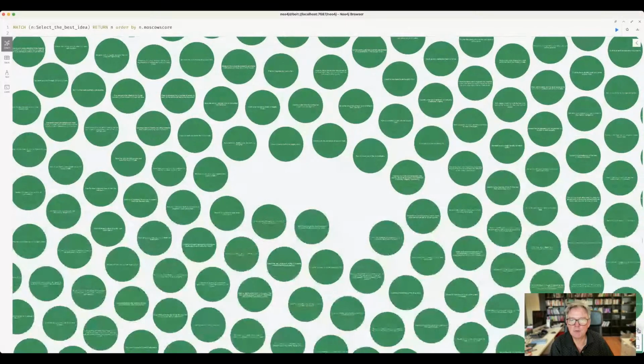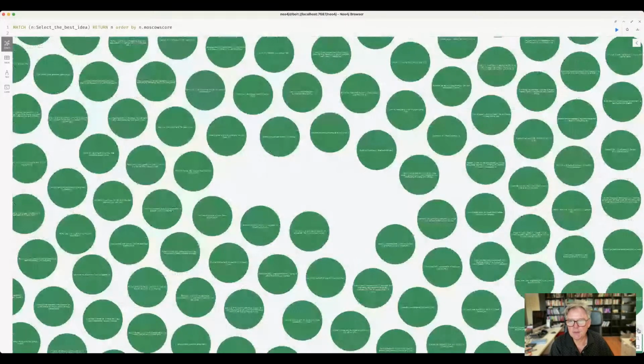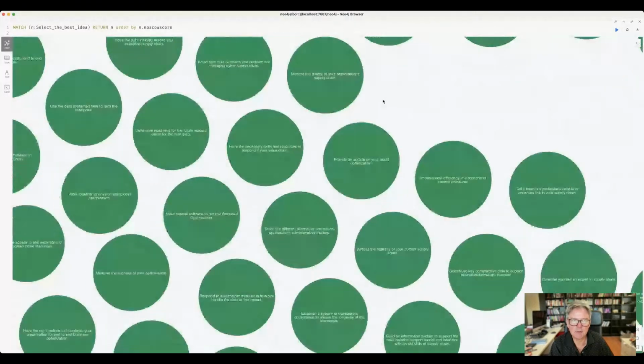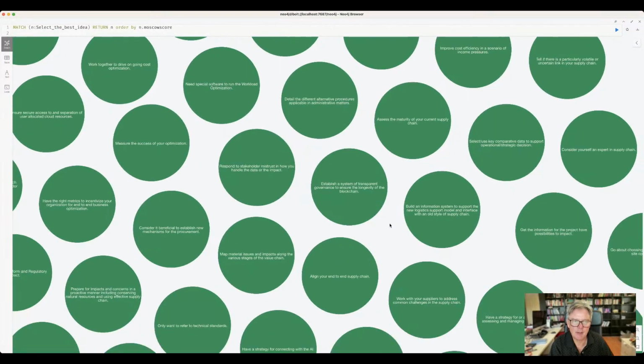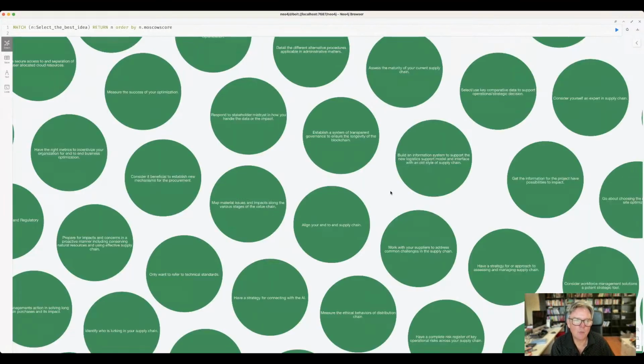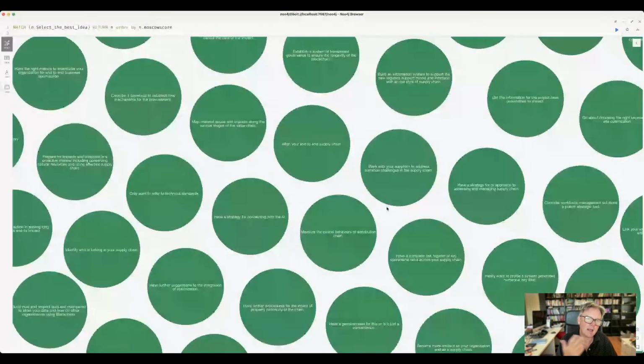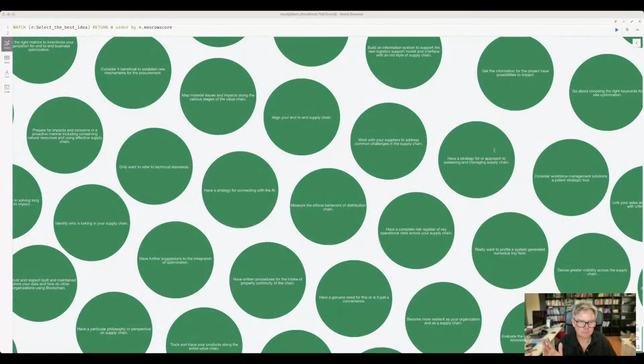So these are the green balls. So basically the activities that you need to have in place in your organization when you're dealing with big data analytics for supply chain management. And it's a lot. It only shows 1,000 here right now. So that's a bit overwhelming as well. The thing is, how do you connect them all? Now, you want to see the forest for the trees because it's just a lot. It's just a lot to cover.